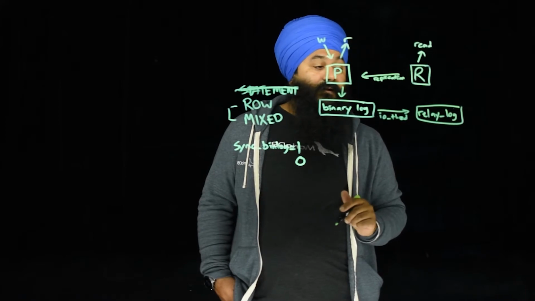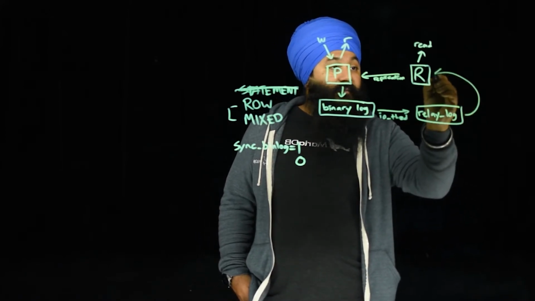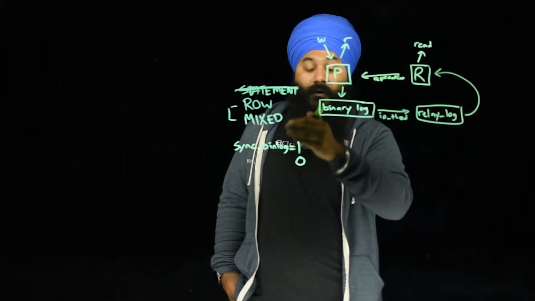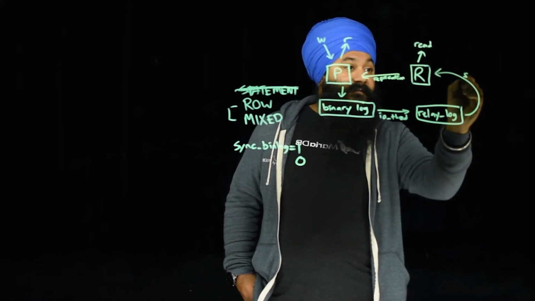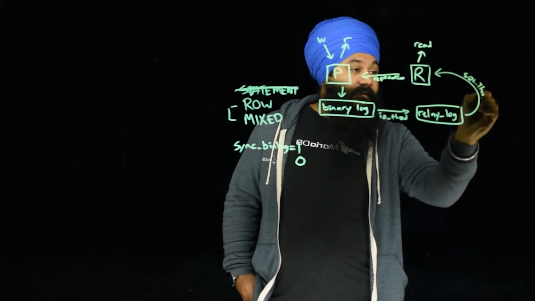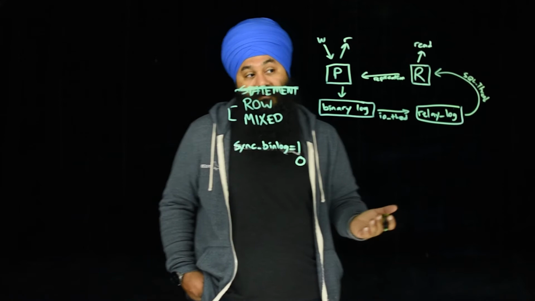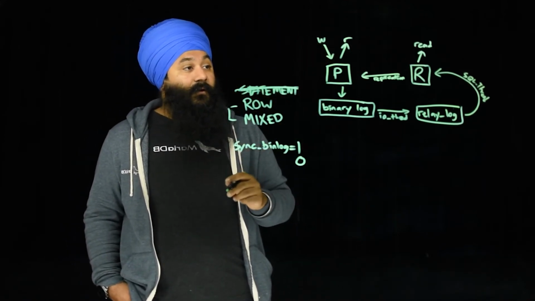And that I/O thread is basically the replica connecting to the primary, copying the binary log, and writing it to its local relay log. What happens next is that relay log is applied to the replica's storage engines via transactions that are either row or mixed or statement-based in what is known as the SQL thread. And that SQL thread will write out all these transactions. By default, it's single-threaded, which can be a problem based on high workloads.